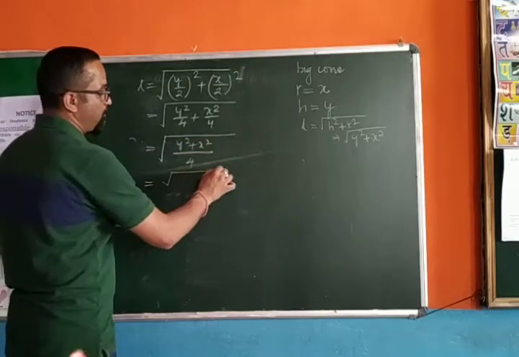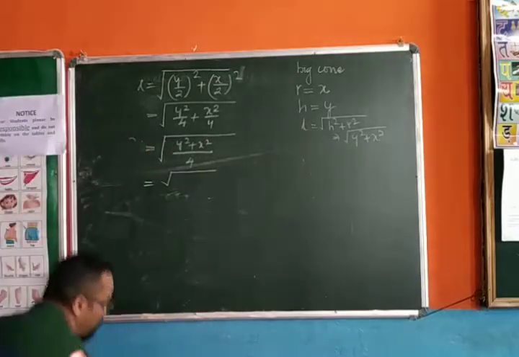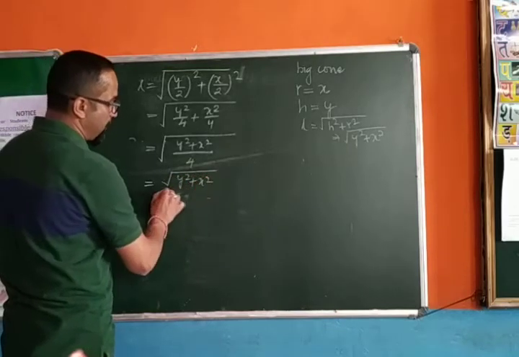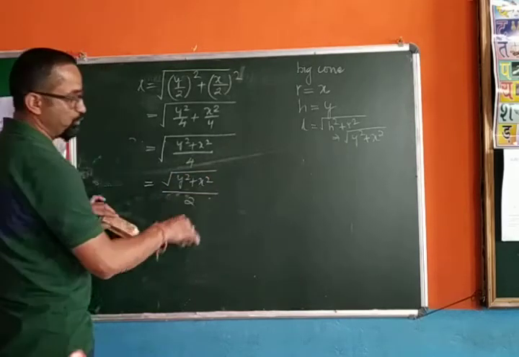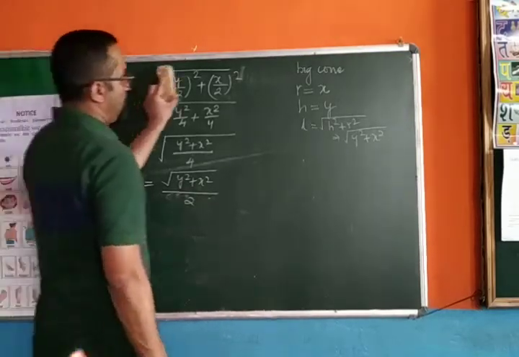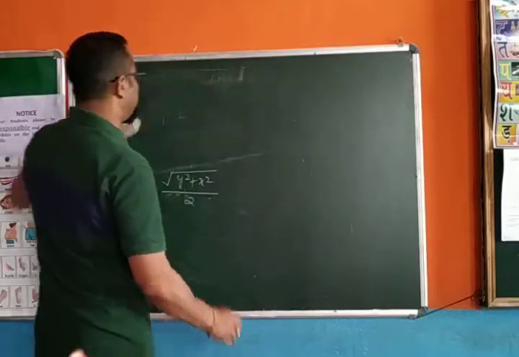Root will be only for the numerator now. Only for the numerator, root of y squared plus x squared, divided by square root of 4, which is 2. Now you know the slant height. Ratio of lateral surface areas.